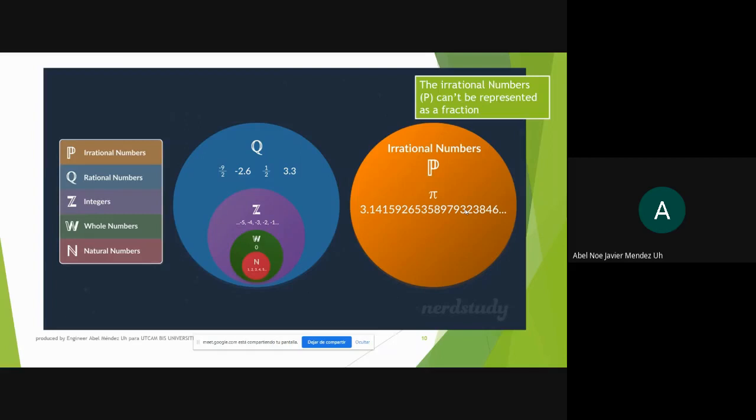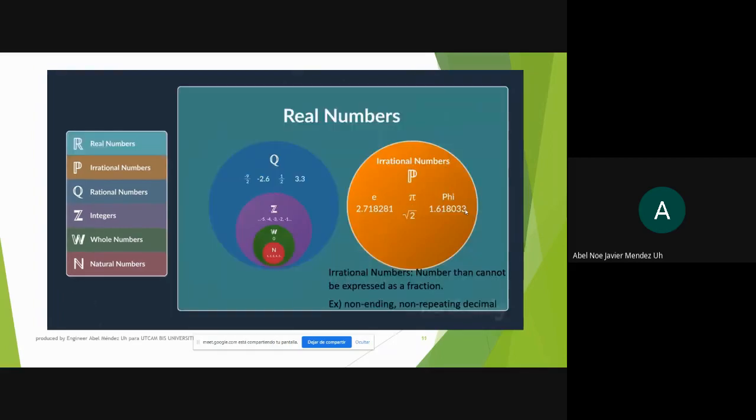Let's see the characteristics of irrational numbers, okay? The irrational numbers are numbers that cannot be expressed as a fraction.